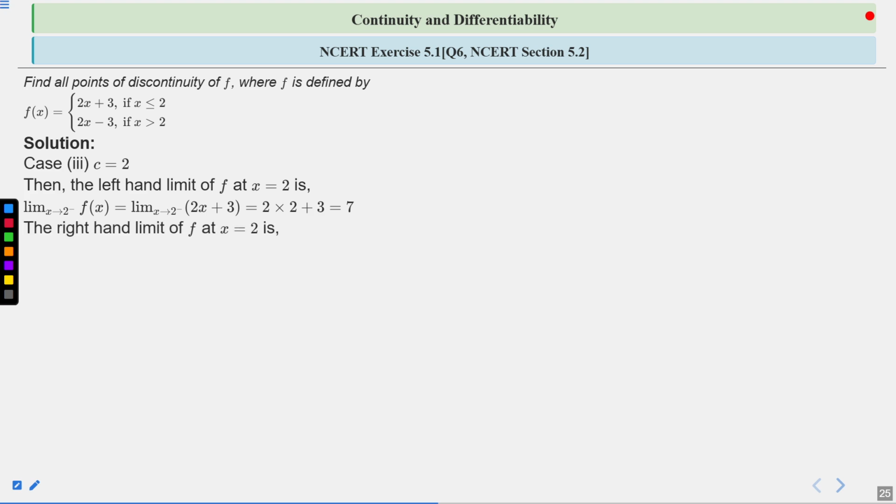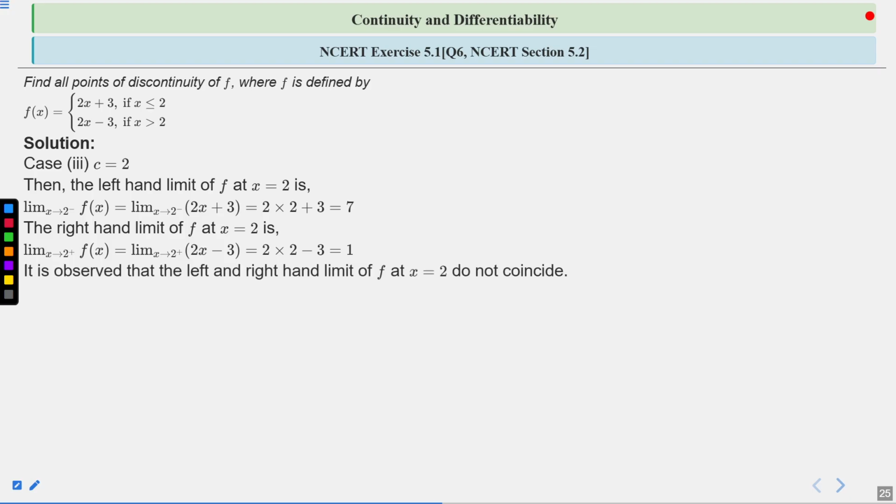The right hand limit of f at x equal to 2, the limit as x tends to 2 from the right of f(x), will be equal to the limit as x tends to 2 from the right of 2x minus 3, and it will be equal to 2 into 2 minus 3, which will be equal to 1, right. So it is observed that the left hand and right hand limits of f at x equal to 2 do not coincide, right.